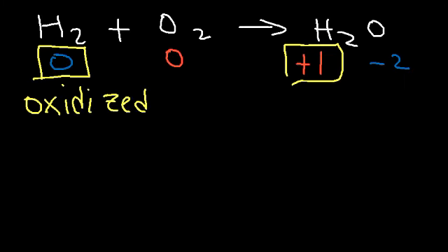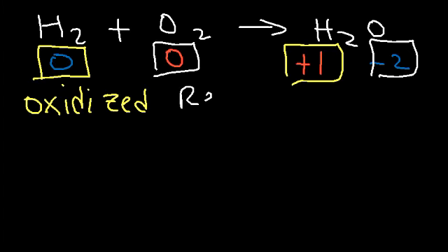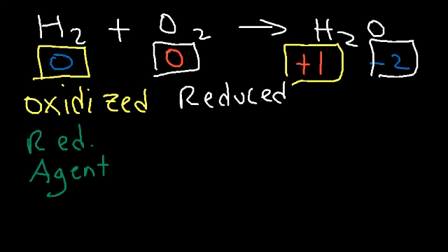Now oxygen decreased from 0 to -2, so because it gained 2 electrons, it was reduced. Reduction occurred. Hydrogen lost an electron as it went from 0 to 1. Now the substance that is oxidized is the reducing agent, and the substance that is reduced is the oxidizing agent. So we can see that O2 is the oxidizing agent and H2 is the reducing agent.